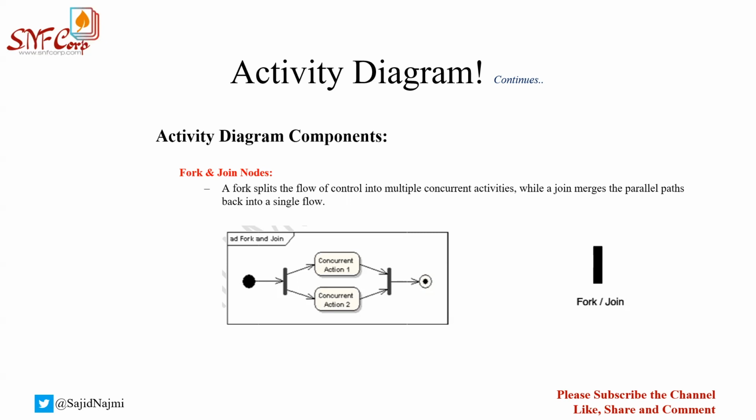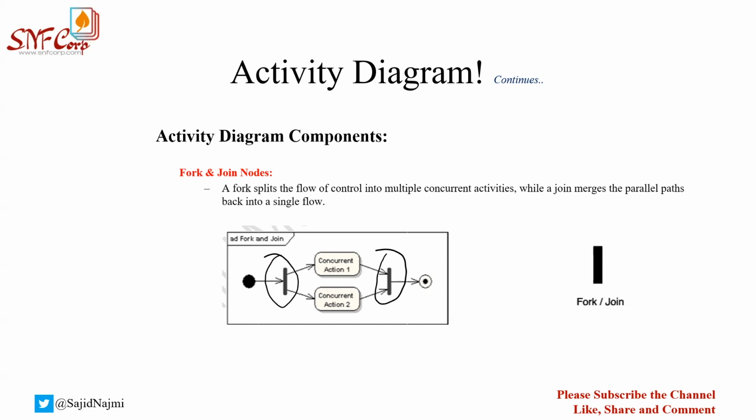If you see this line here, it is used as both a fork and a join. Fork is where you split one point into two different concurrent activities at one time. And where you club and combine the actions of both those concurrent activities at one place, making it one single activity, is the join.